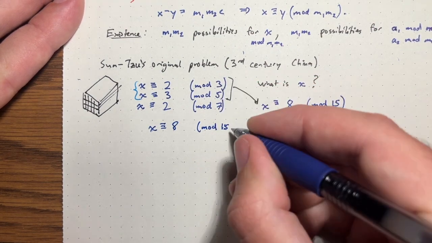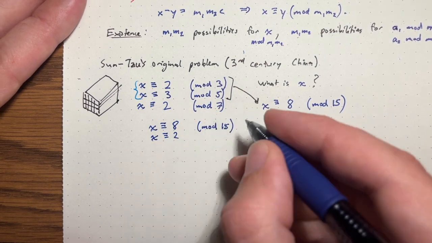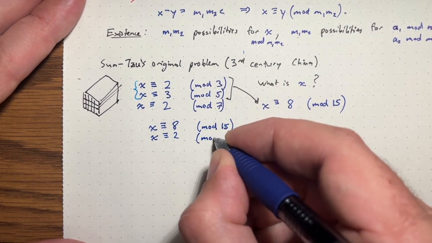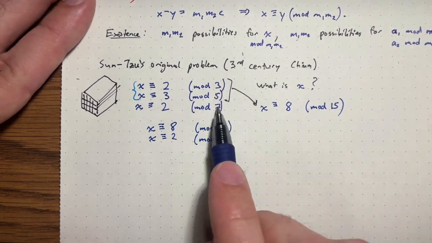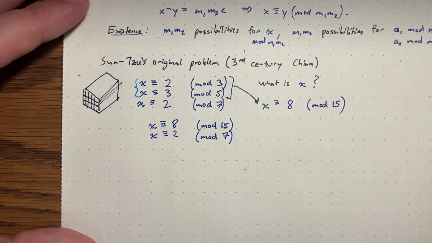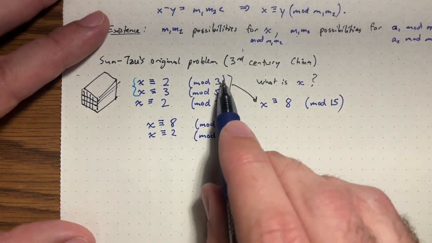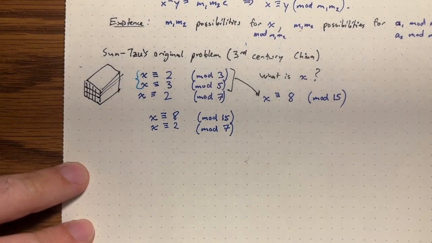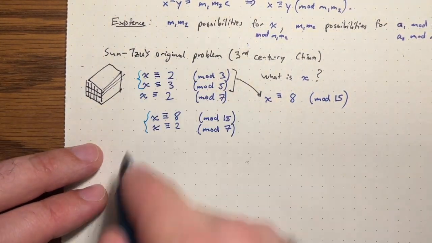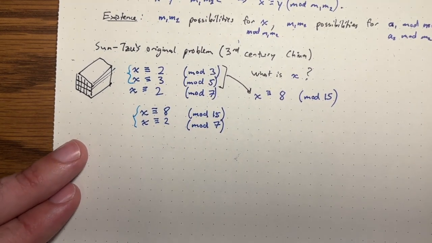Notice 3 and 5 are coprime. I also want you to notice that 15 and 7 are now coprime. We definitely need everything here to be coprime. In fact, we need the moduli to be pairwise coprime. I'll get into that when we state the general theorem. But essentially, we've turned our original 3 equations into 2 equations. And now we can try to solve this.